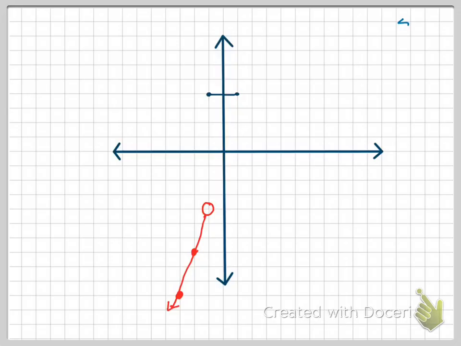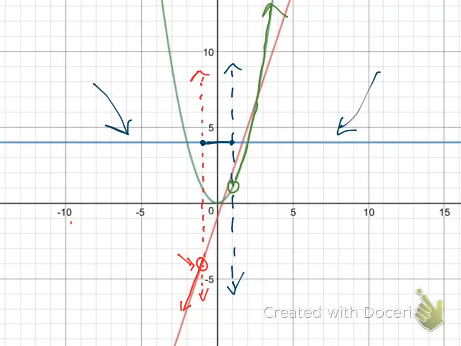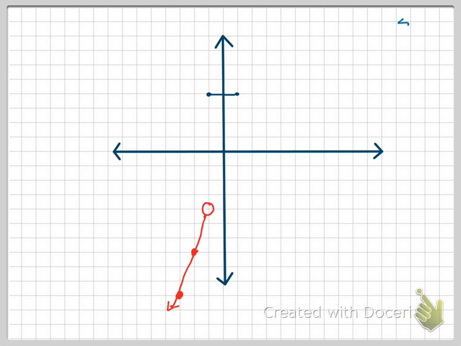Then, my green, I start right here at 1, 1. And it is an open dot. And then here, there we go.